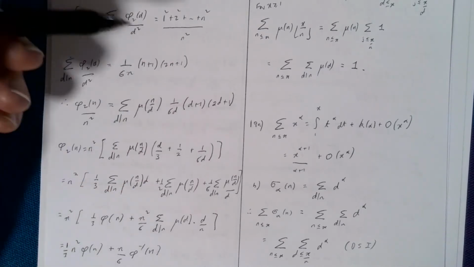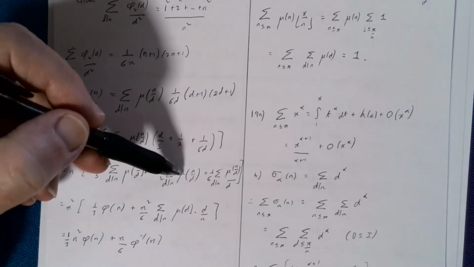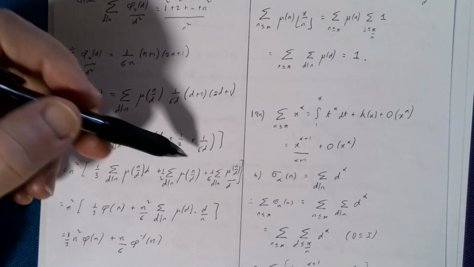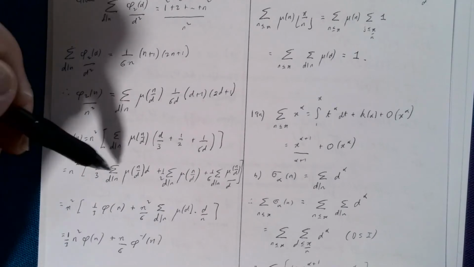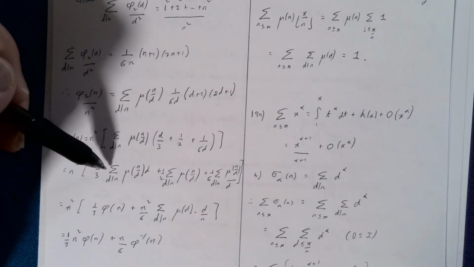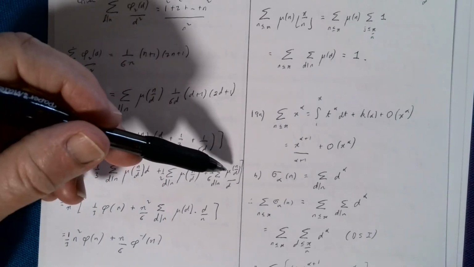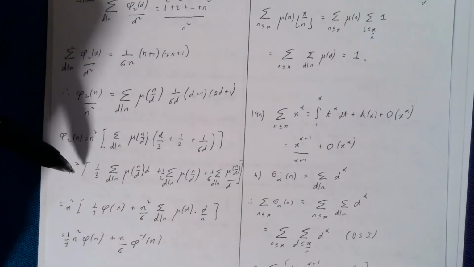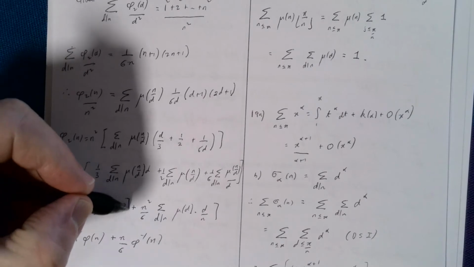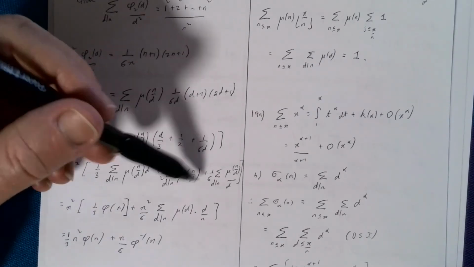Now, of course, this sum in the middle is really just the sum of mu(d), sum over the divisors of n, and we know that sum is 0. This one here we've seen before. This one is just phi of n, and this one here is when I take the n squared in, take the brackets there, so I'm going to get n squared on 6, sum over the divisors of n.